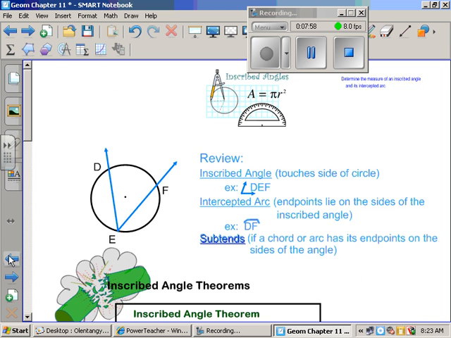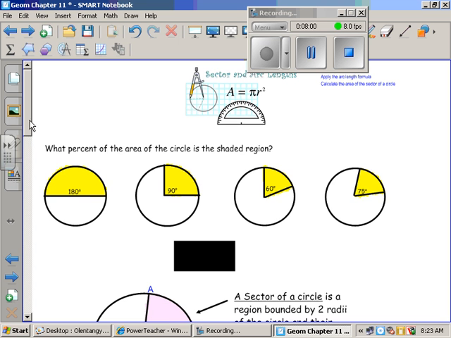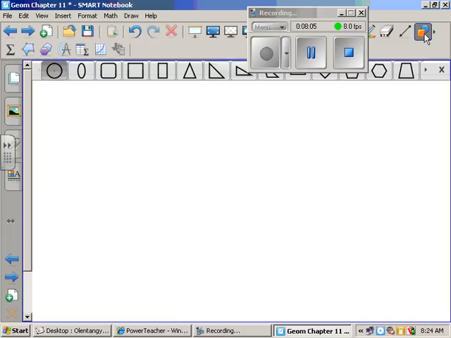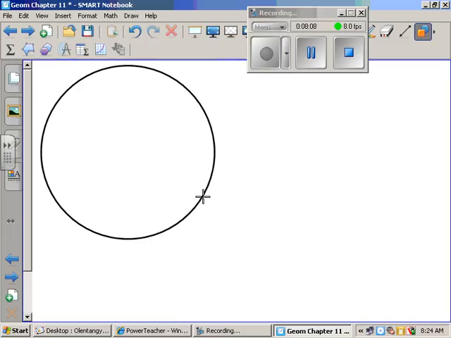So I don't have another one. Let's think one up. So I've got a circle. Okay. I'm going to draw a chord. Okay, so here's my radius.